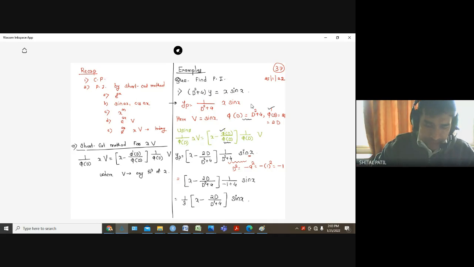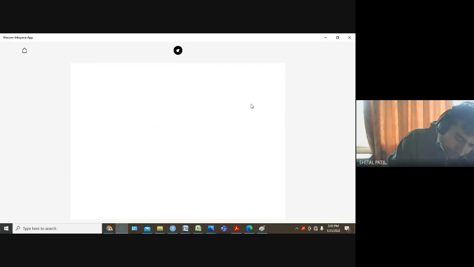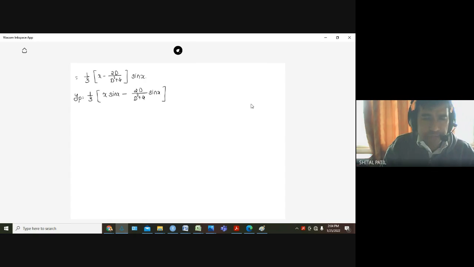Okay, let me change the page. So x minus 2D, to be operated on sine x. So y of p equals 1 upon 3 as it is, x into sine x minus 2D divided by D square plus 4 sine x. Now you can operate numerator first or denominator first, it doesn't matter.